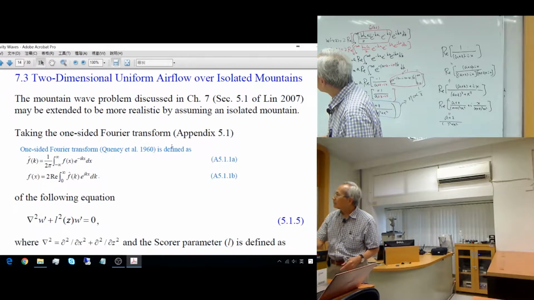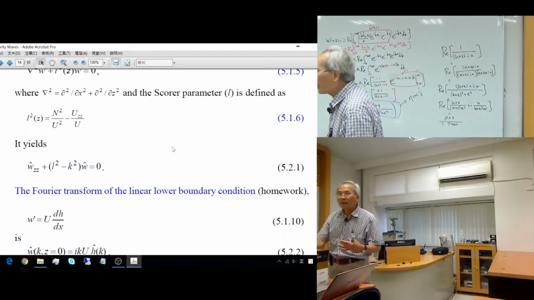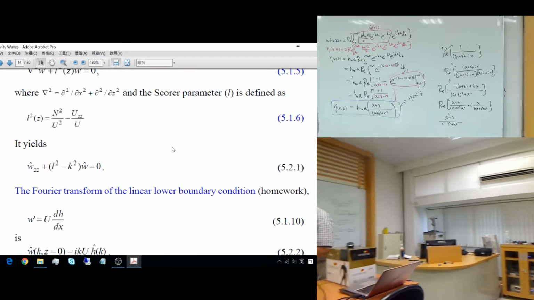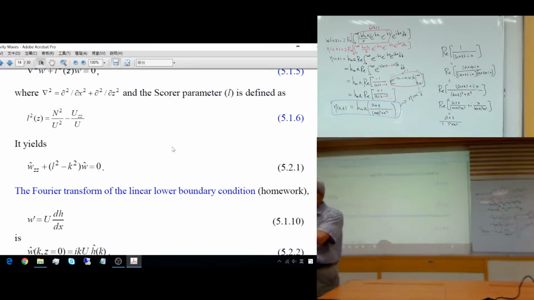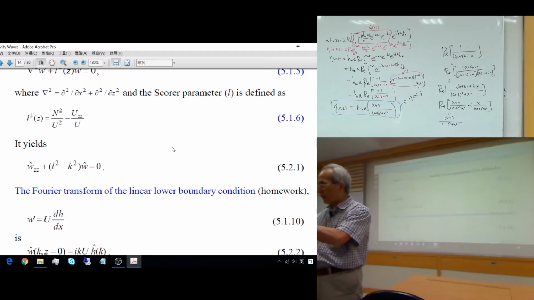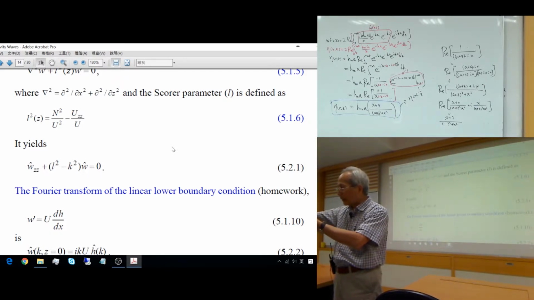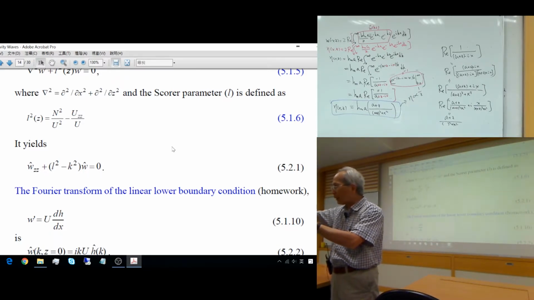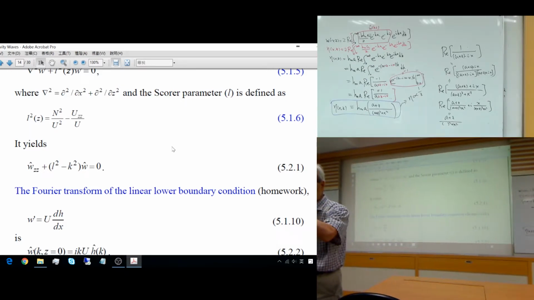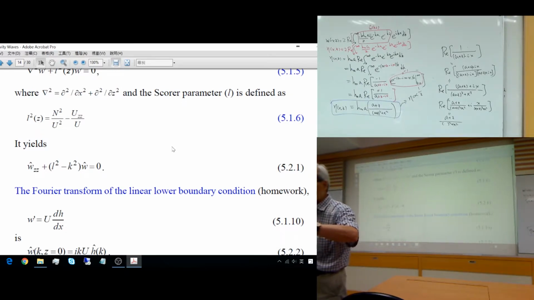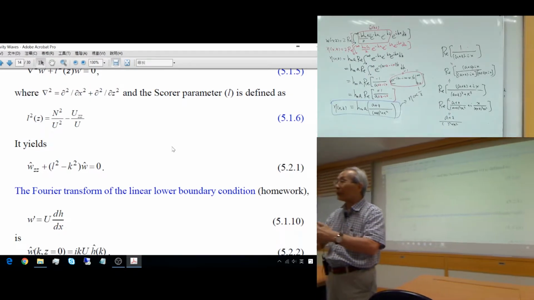The good thing about this way of discussing mountain wave theory is we already understand the sinusoid mountain, and we have two regimes: one is evanescent, one is vertically propagating wave. Now we get more complication with the isolated mountain, but the basic dynamics is the same as before, though the solutions are different.